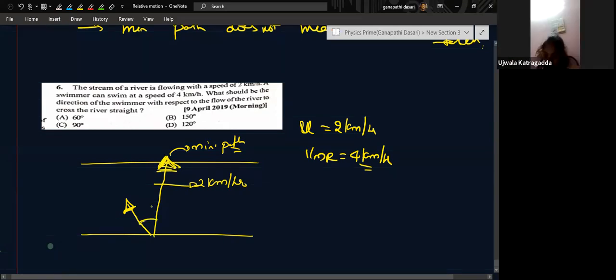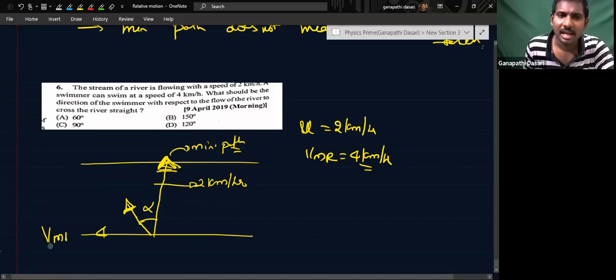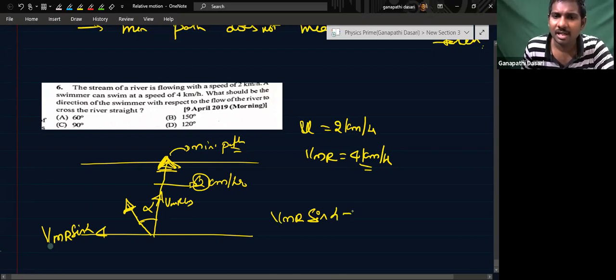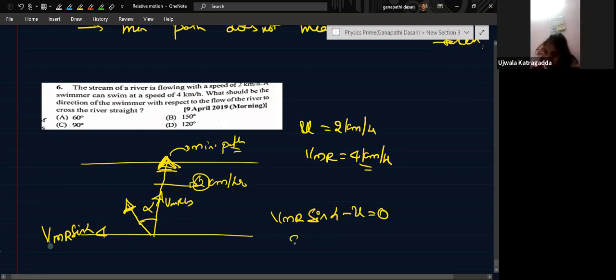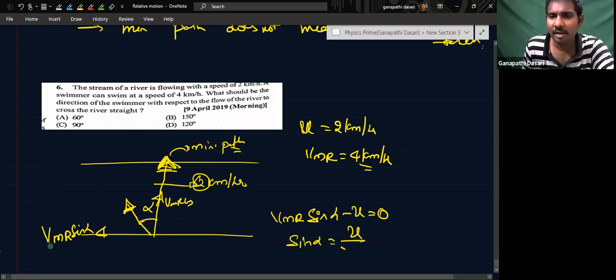I took this as alpha. Then I got V_MR sin alpha and V_MR cos alpha, and this is U. V_MR sin alpha minus U is equal to 0, isn't it? So sin alpha is equal to U by V_MR. Alpha is equal to sin inverse of U by V_MR.